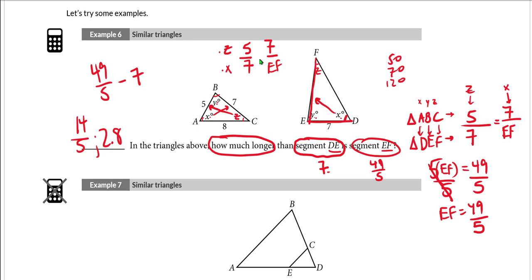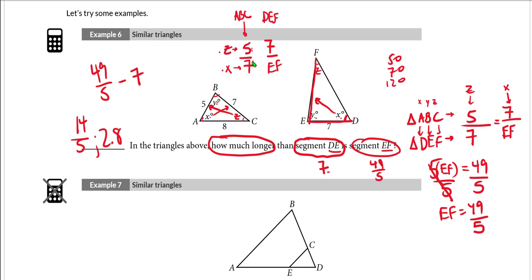So there are other ways to set up these ratios as long as you're putting everything in the right place. So again, what I did here is in the numerators, I put the Z sides, and in the denominators, I put the X sides. And then here I have triangle ABC, both sides there are in triangle ABC. And here I have triangle DEF.